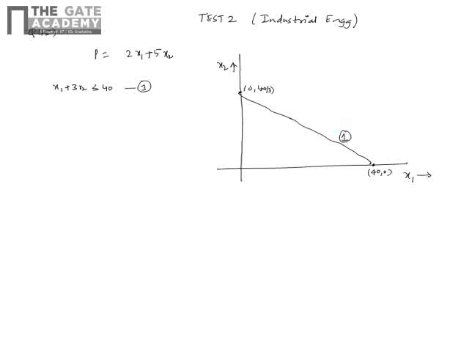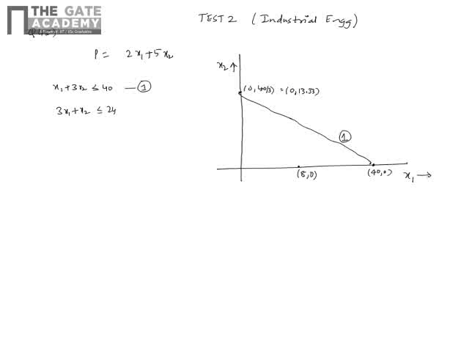The other constraint is 3x1 plus x2 less than or equal to 24. So when x2 is 0, x1 is 8, so x1 is 8 is somewhere here, and when x1 is 0, x2 is 24, which is greater than 40 by 3. 40 by 3 is how much?